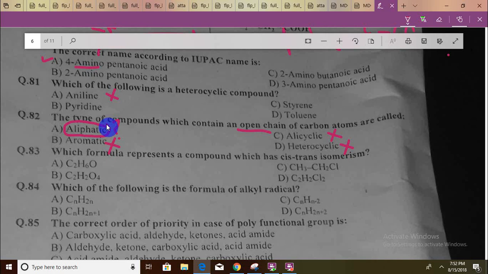You can divide these heterocyclic into saturated and unsaturated, and the unsaturated can be further divided into aromatic and non-aromatic. All of the examples that they have given of heterocyclic compounds, they've given 4 of these: pyridine, furan, pyrrole, and thiophene.